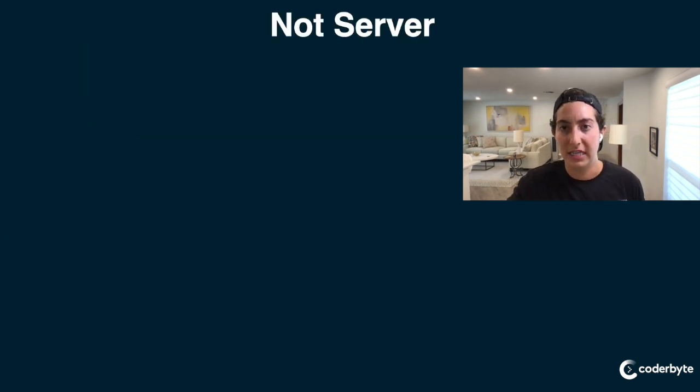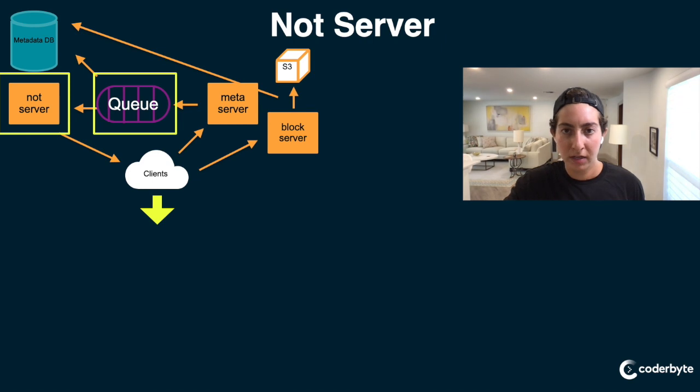So let's talk about this notification server. This is basically the thing that is sending the notifications to all of the clients after there are changes. I added a little component here that I haven't had in other slides, which is just a queue, because this is an opportunity to talk through that you don't want to lose any data.